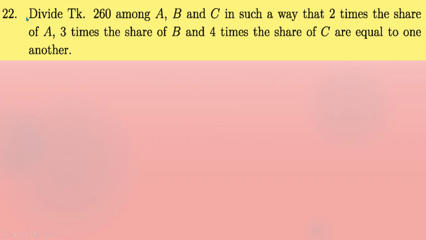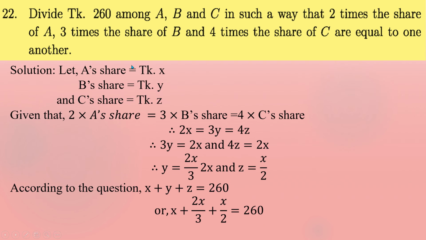Okay, here is the given problem: divide taka 260 among A, B and C in such a way that 2 times the share of A, 3 times the share of B and 4 times the share of C are equal to one another. Very easy solution.